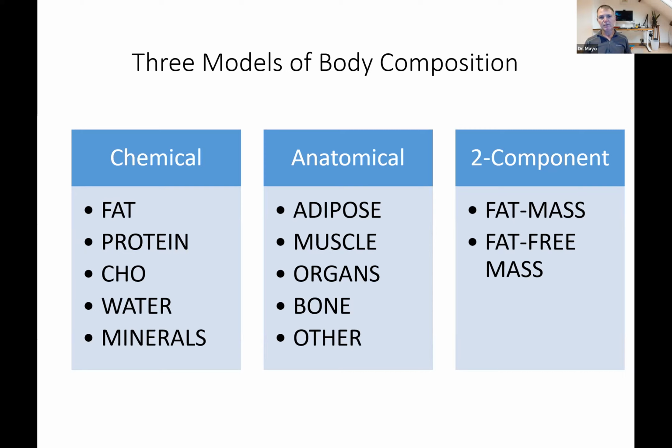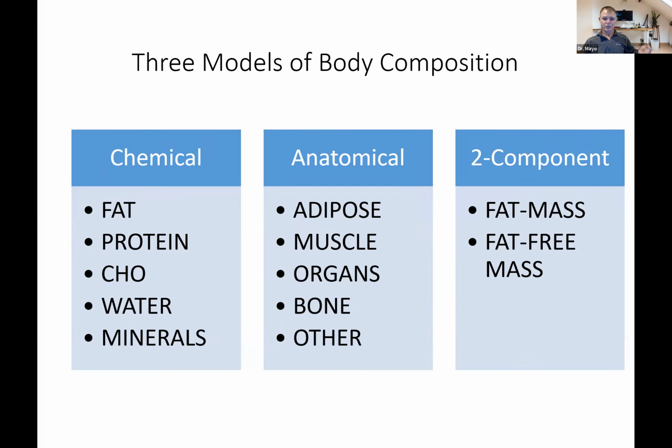And it's the two-component model that most of us will use when we assess body composition in a fitness center, in a clinic, hospital setting. That's usually what we do because we don't necessarily have the equipment. You need sophisticated equipment to do some of these higher level, like the chemical and anatomical models. We'll go through these, but just know when you measure body composition, it's part of a two-component model.